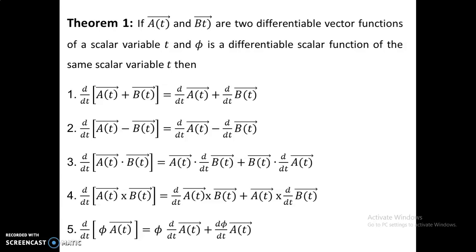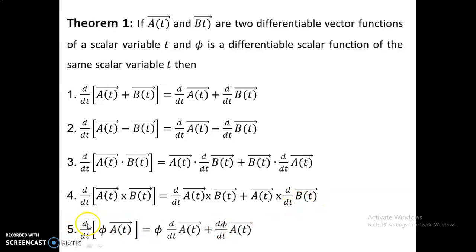It means that the differentiation of the cross product of two vector functions is equal to the cross product of the differentiation of the two vector functions. That means d by dt of a cross b is d by dt of a cross b plus a of t cross d by dt of b of t.